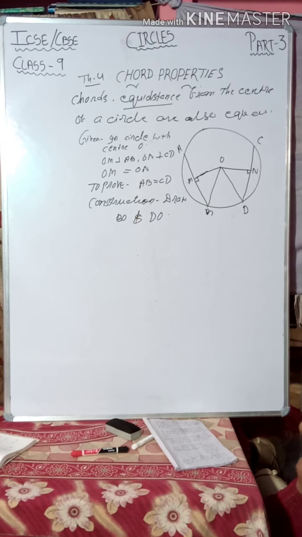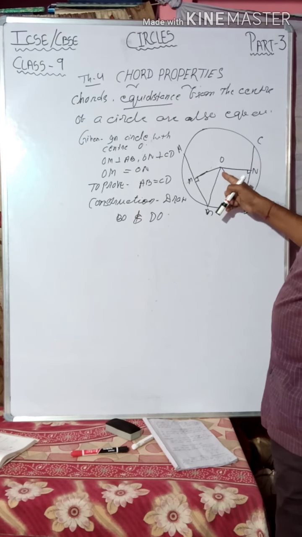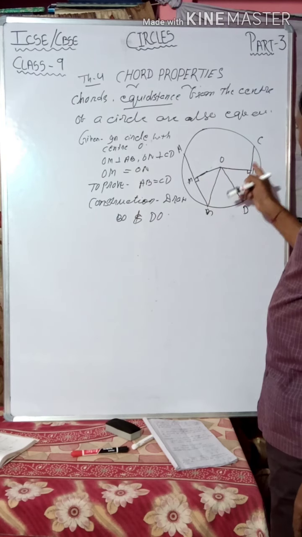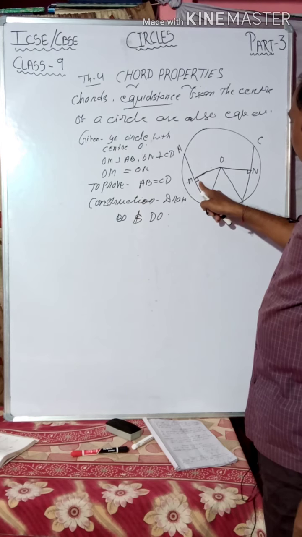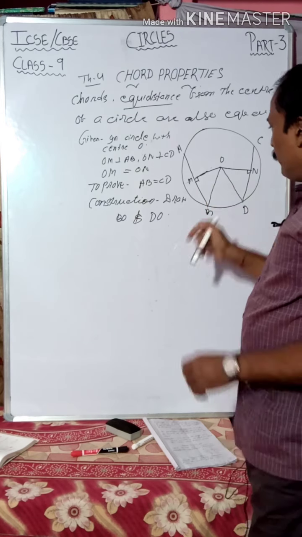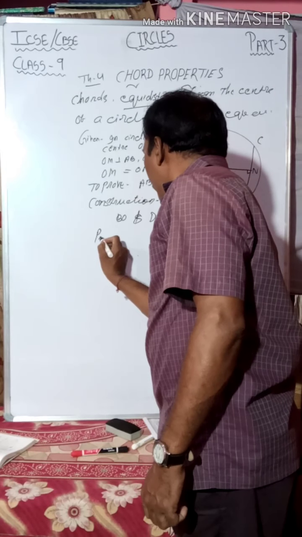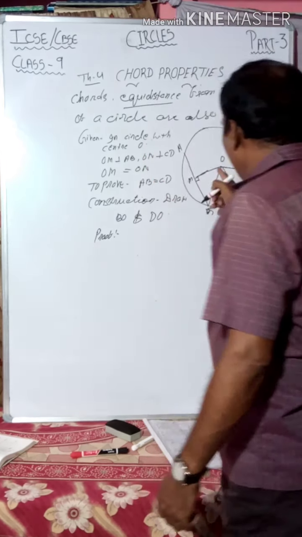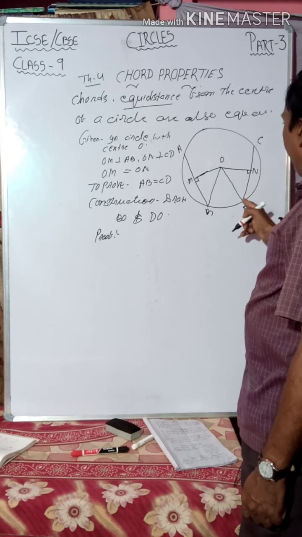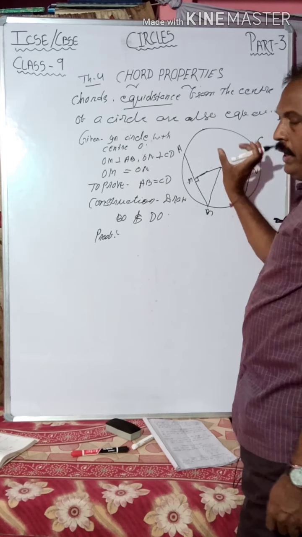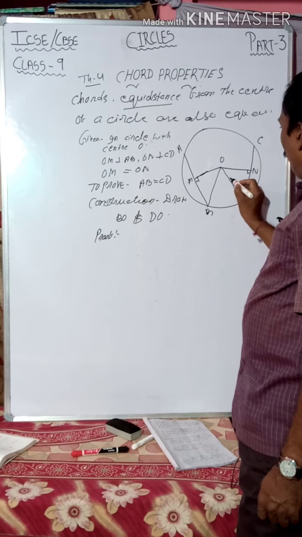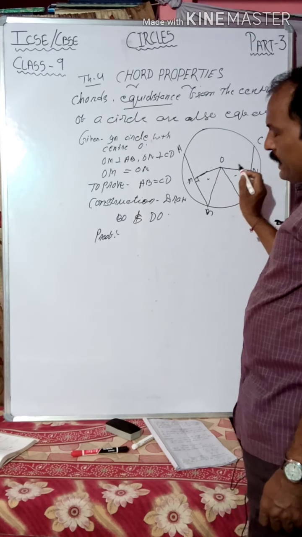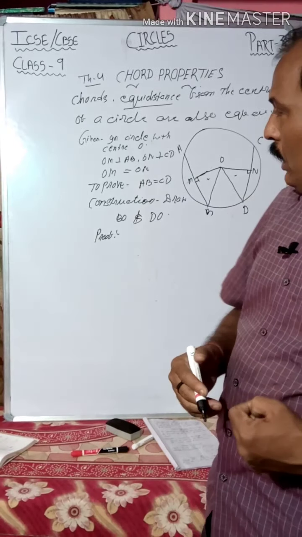Now take two triangles. In triangle OMB and triangle OND, we know OM is equal to ON, this angle is equal to this angle, and this side OB is equal to OD. So these two triangles are congruent to each other by our given.